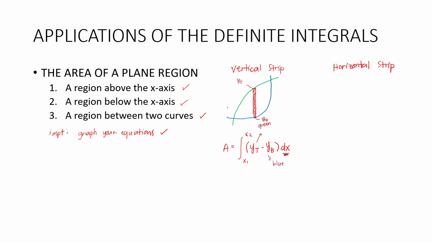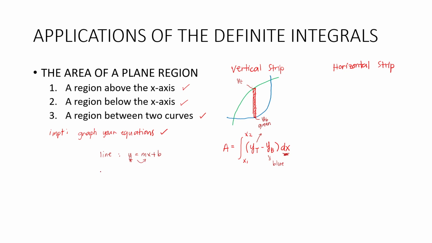So again, why it's presented as y top and y bottom, because our equations are expressed in y, right? So for example, for your line, it's y equals mx plus b, right? So it's y, but equal to an expression in terms of x.